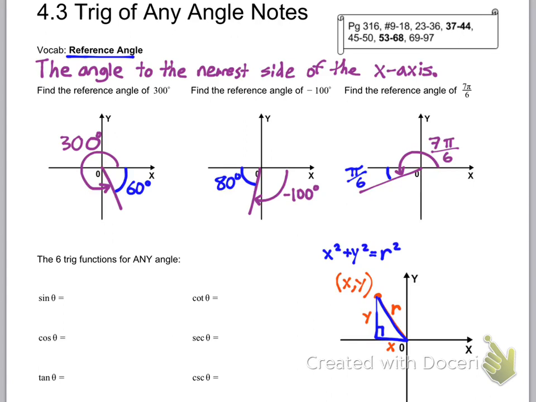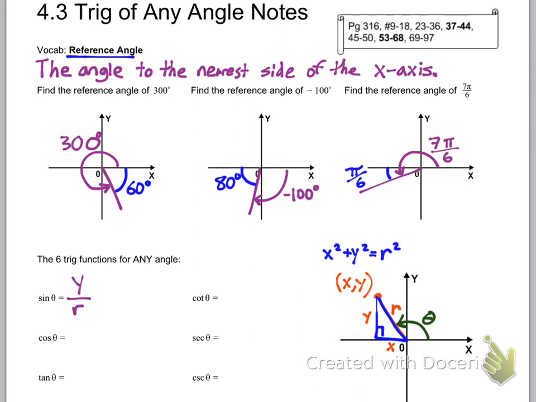So now you need to know this one other little secret, and that's if our angle is theta there, then sine, cosine, tangent, cotangent, secant, and cosecant of theta are all equal to the respective functions of using the reference angle and including whether the point is to the left or right and then up or down. So let me explain that a little more.